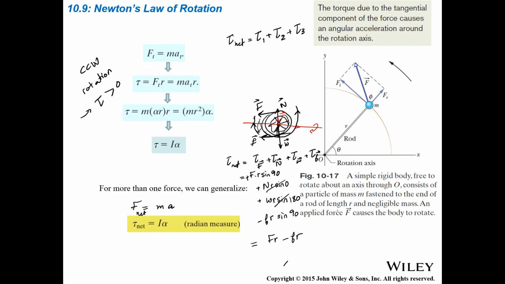If these add up to some non-zero value, then I have some rotation. Instead of F net equals m a, I'll write tau net equals I times alpha, where I is the rotational inertia, which always substitutes the mass in rotational motion, and alpha is the angular acceleration, which always substitutes the translational acceleration.